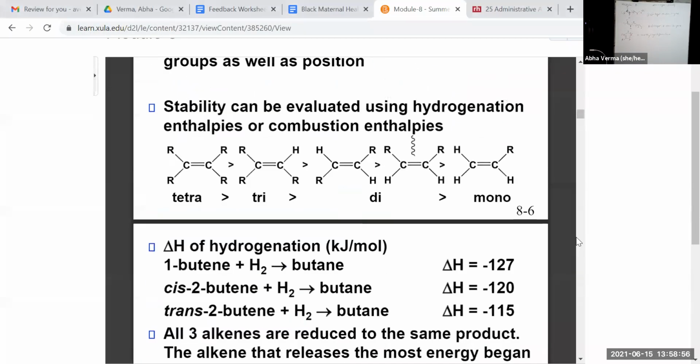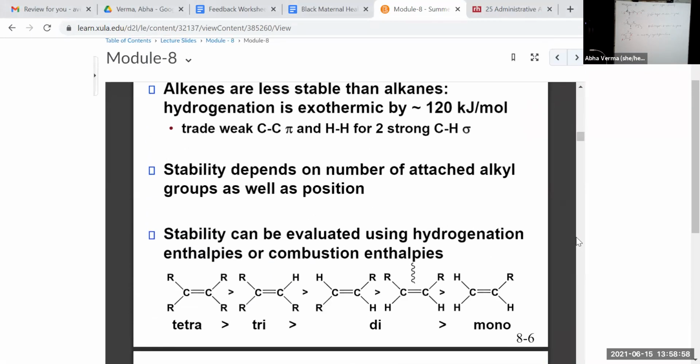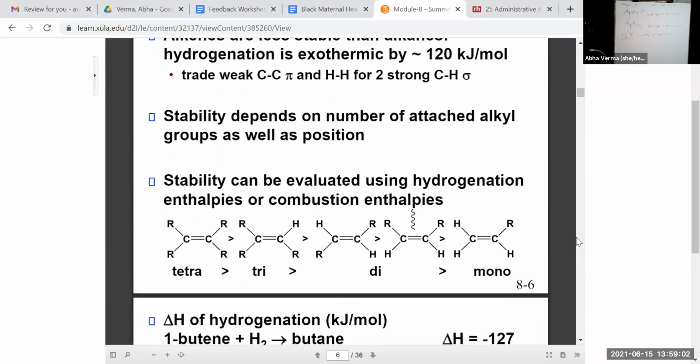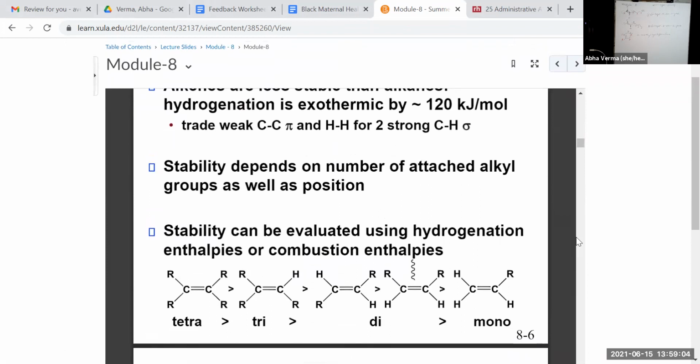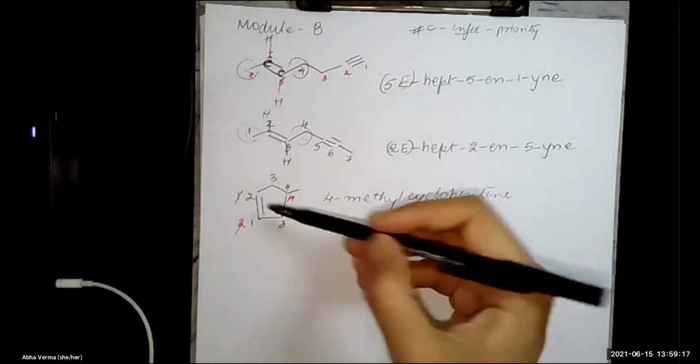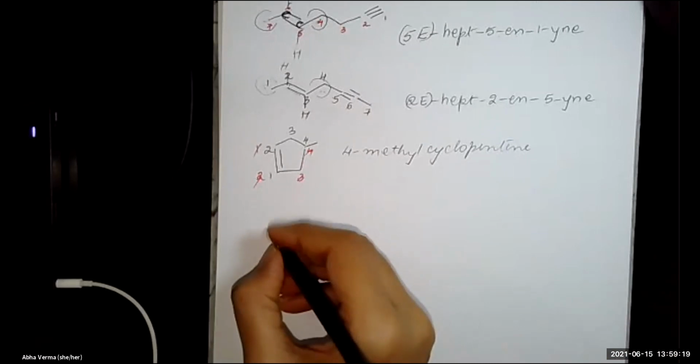Another thing that we need to know about our double bonds is their stability. Compared to alkanes, our alkenes are less stable. Why is that? Because of that unsaturation. Because our double bonds can be filled in across.